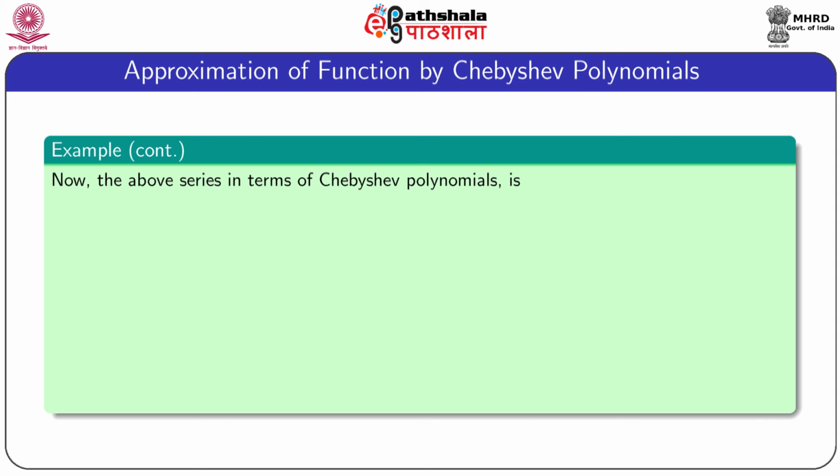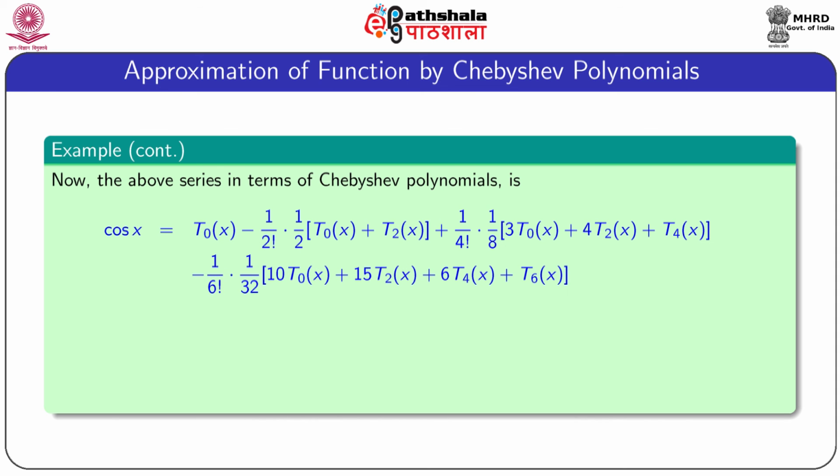Now, we use the Chebyshev polynomials to approximate this function. After substituting the Chebyshev polynomials, the cos x becomes this expression, and after simplification this reduces to cos x equal to 0.7651911 minus 0.2298177 into T2(x) plus 0.0049479 into T4(x) minus 0.0000434 into T6(x).